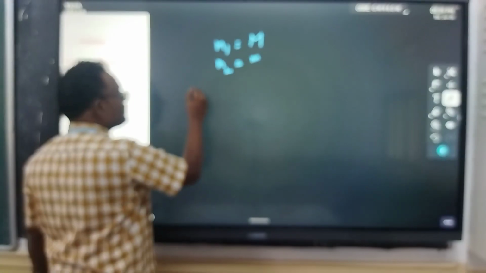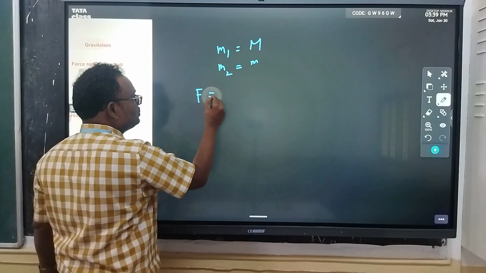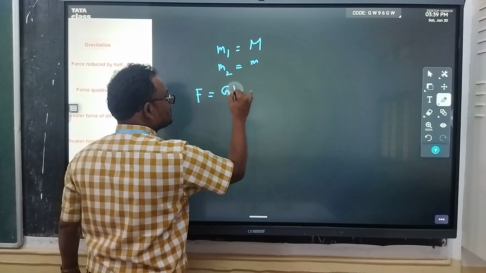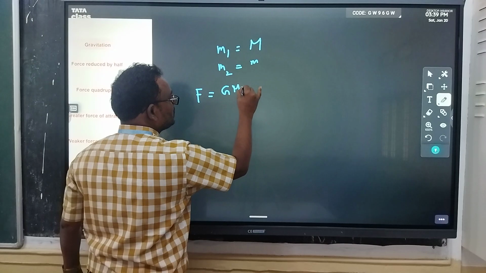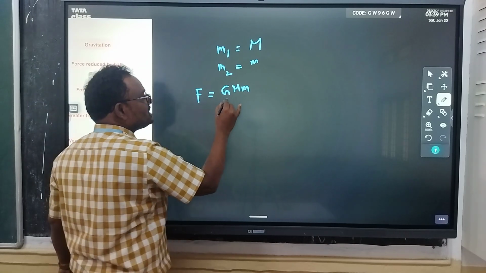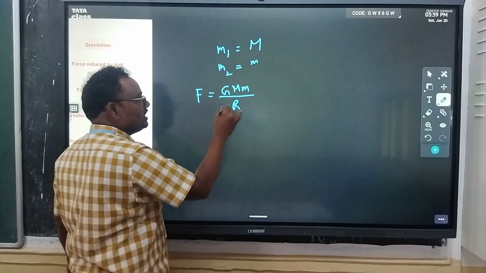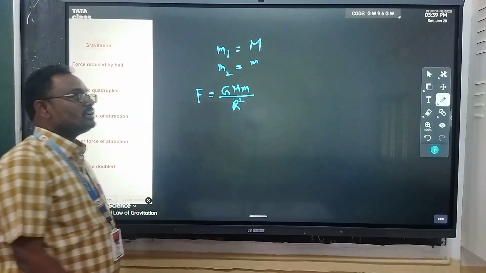Then the universal force of gravity between them, F is equal to G, M1 place we get capital M, M2 place we get small m. The distance of the object is nothing but the radius of the earth.